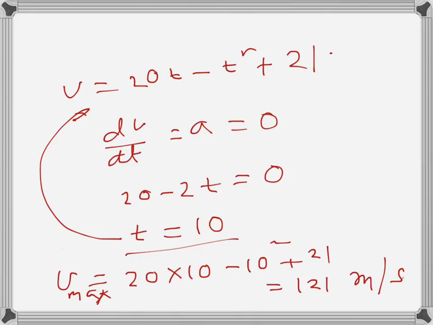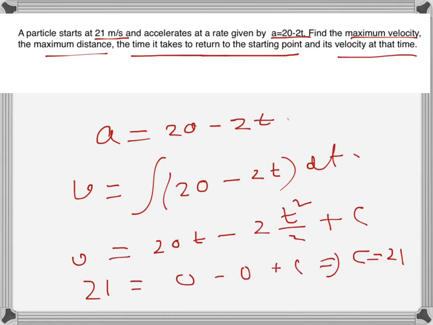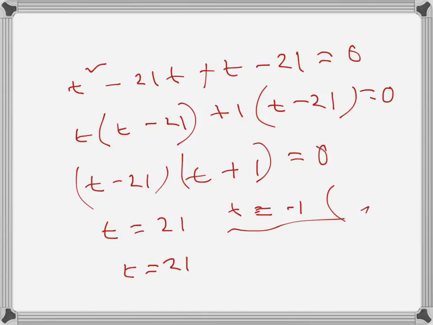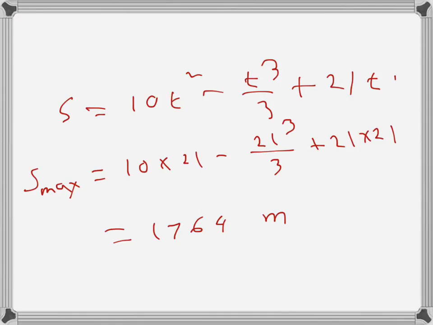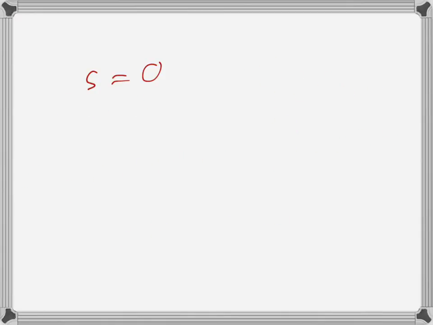Now we need to find the time it takes to return to the starting point and the velocity at that point. So when it returns to the starting point, s becomes 0. So we can take the displacement equation and solve it for t.